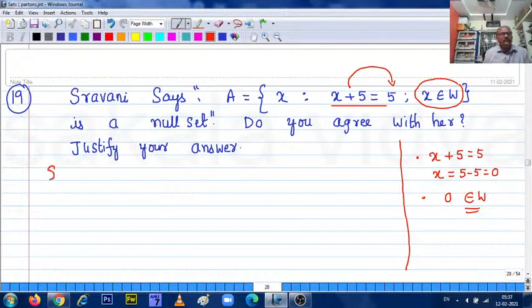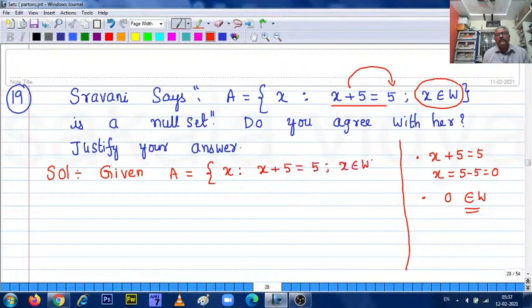So now the solution. Given A is equal to {x such that x plus 5 equals 5, x belongs to whole numbers}. We need to change this into roster form: {0}. So one element is there, it is not a null set.